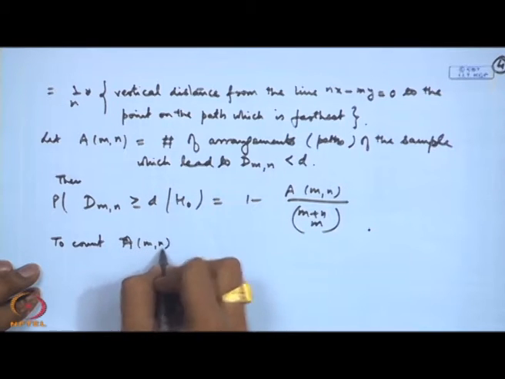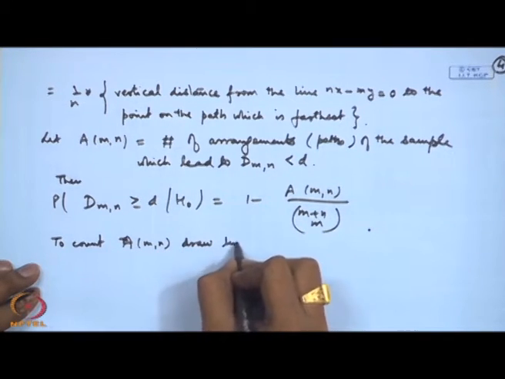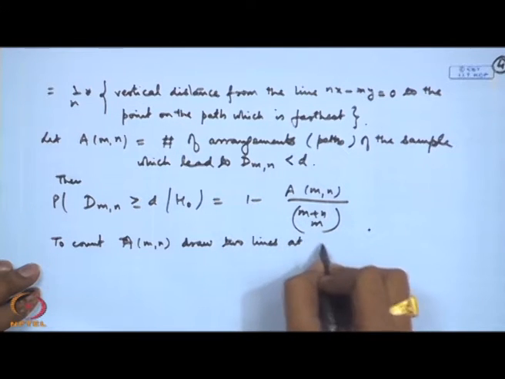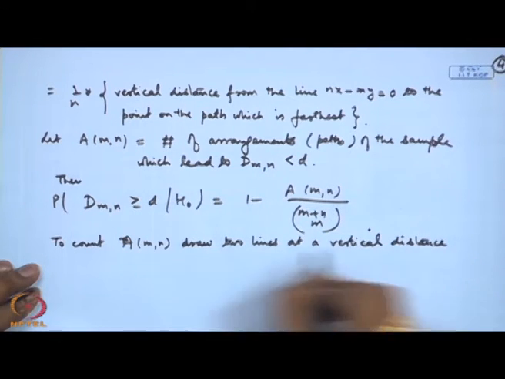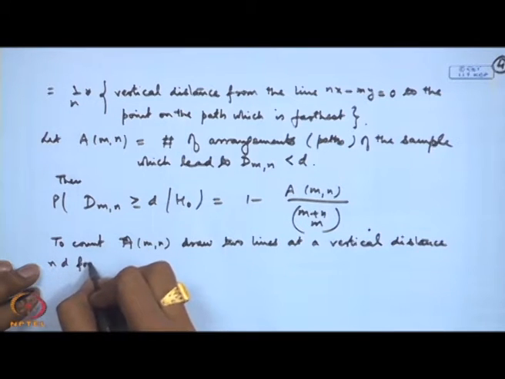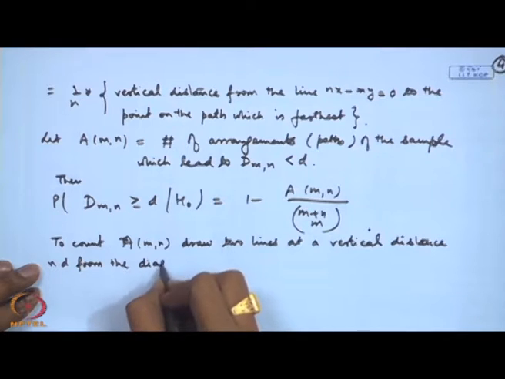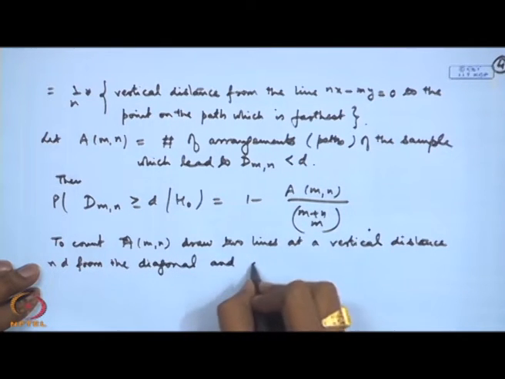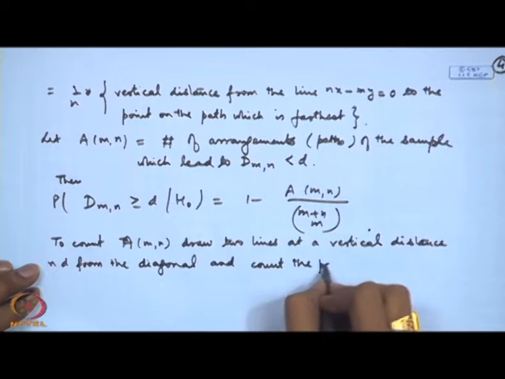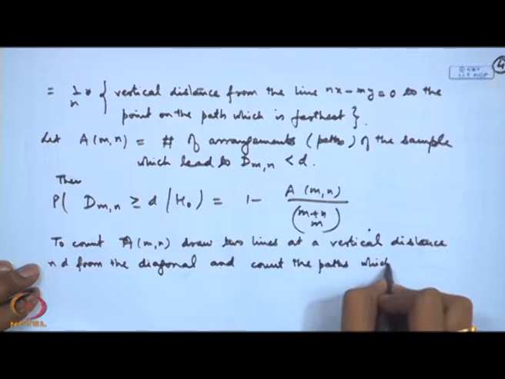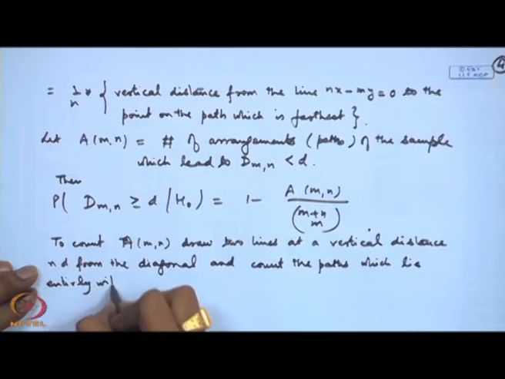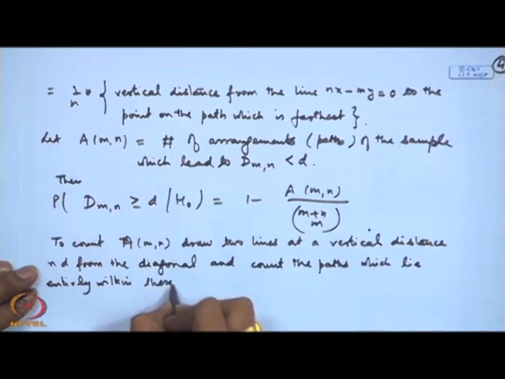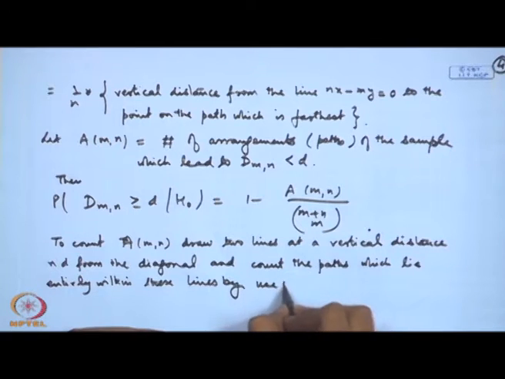So to count A_mn, we have to draw two lines at a vertical distance nd from the diagonal and count the paths which lie entirely within these lines, by use of the recurrence relation.